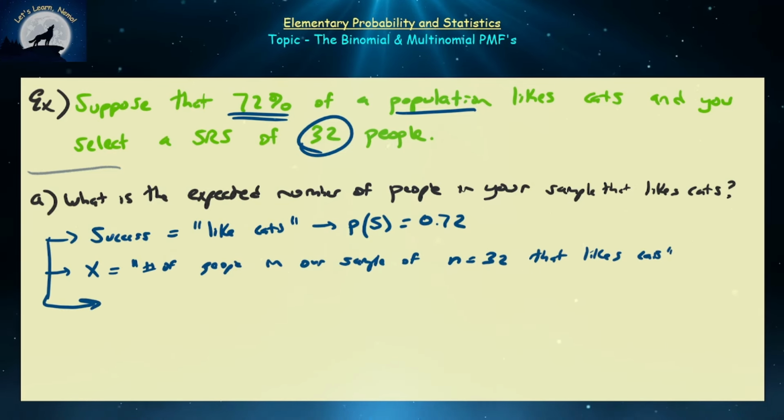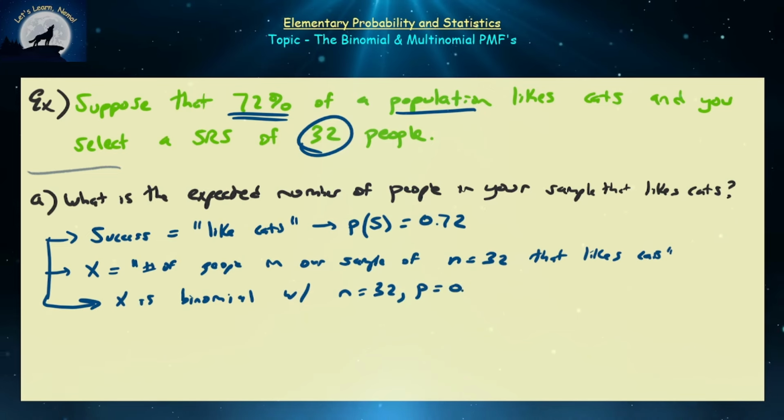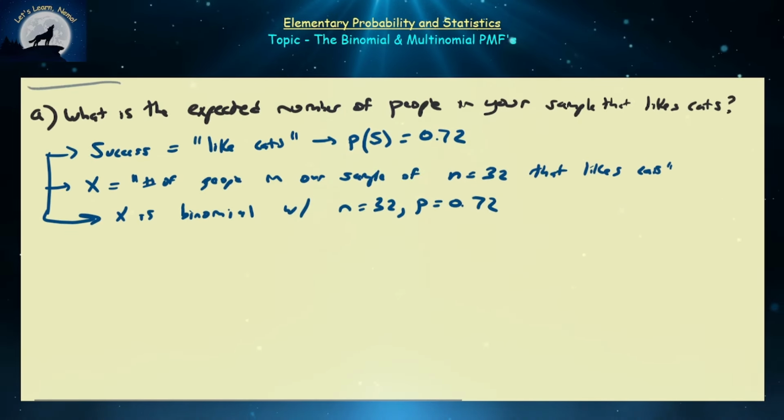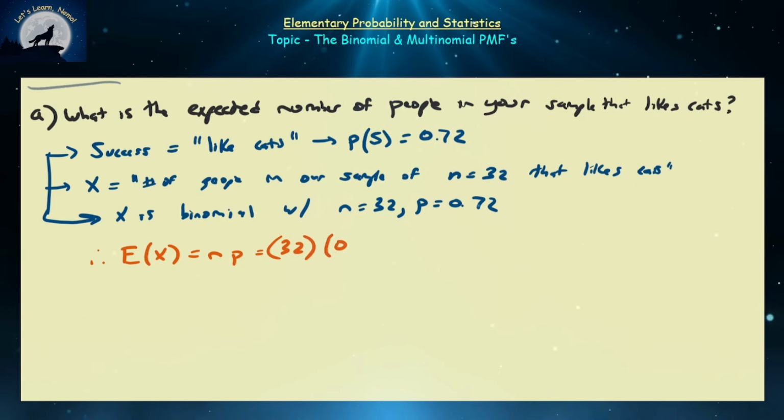Then you should be able to easily justify that x is binomial, right? In particular with n is equal to 32 and p is equal to 72%. So since it is a binomial random variable, we have a shortcut formula for the expected value. So expected value will be equal to n times p. So that's going to be equal to 32 times 72%, which is approximately equal to 24.